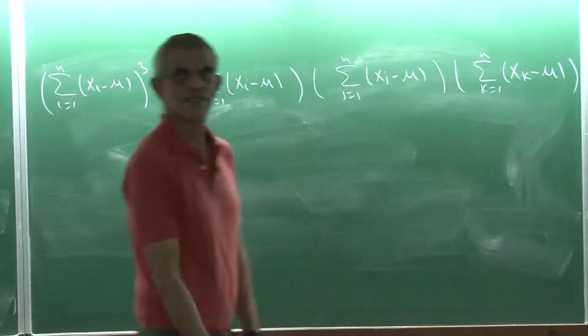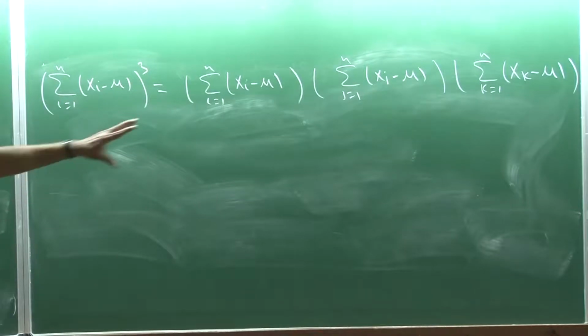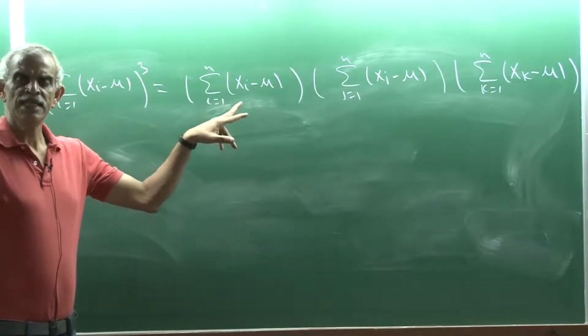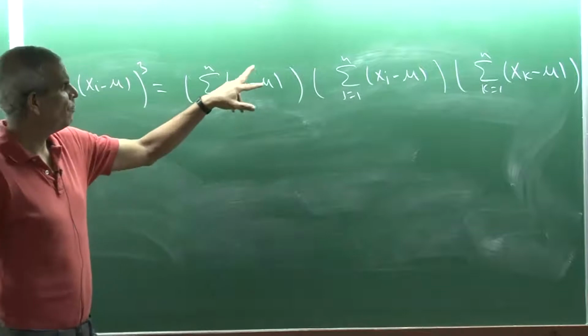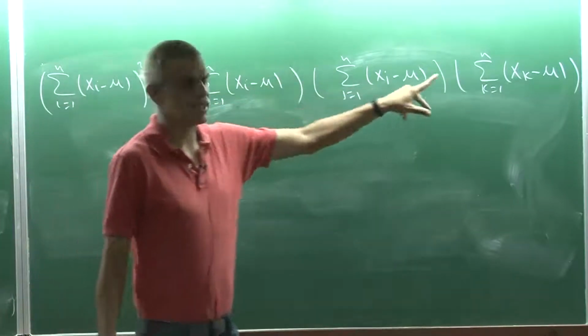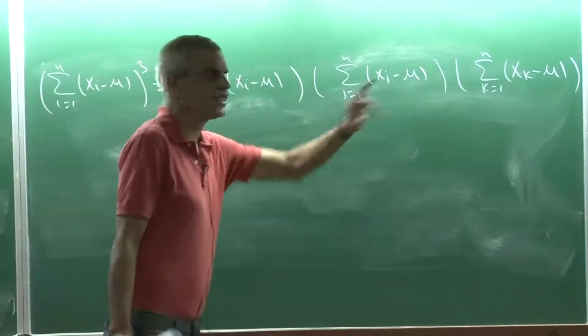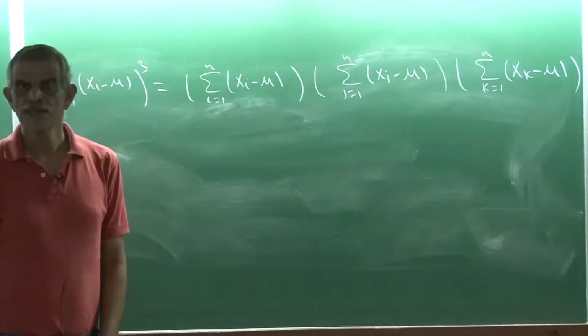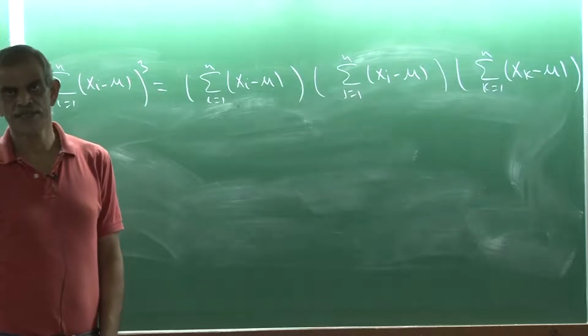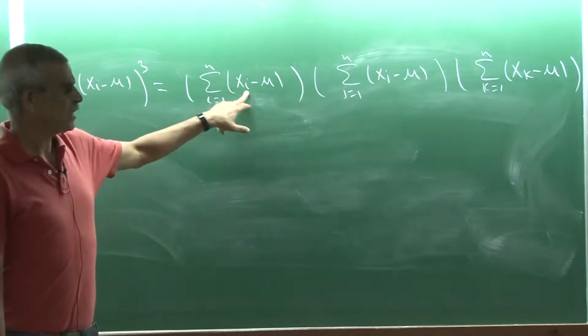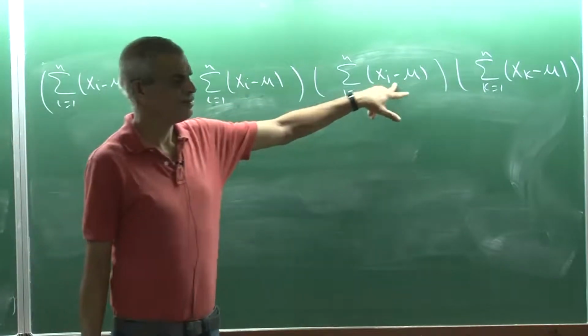So it is a 3 product. Now when I am considering this product, in each term, each of these sums will contribute once. So one term will come from each of these sums. Let's look at the different possibilities. The first is that the same index comes from each of them.